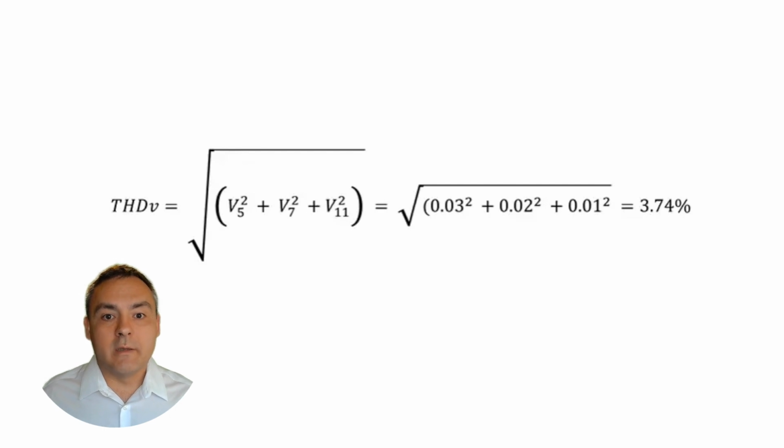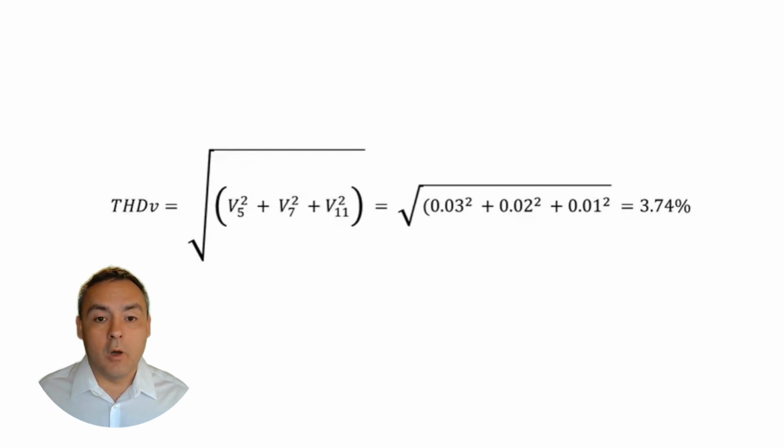The square root of 0.0014 is 0.0374, or 3.74%. IEEE 519 requires the THD-V to be less than 5% at the point of common coupling, and our simple example is compliant.